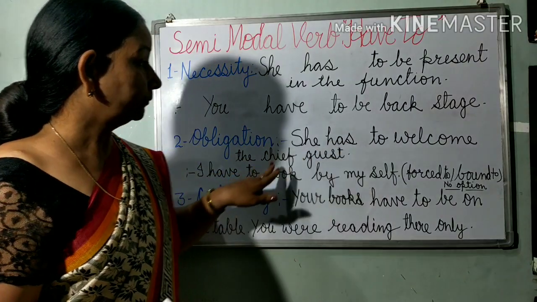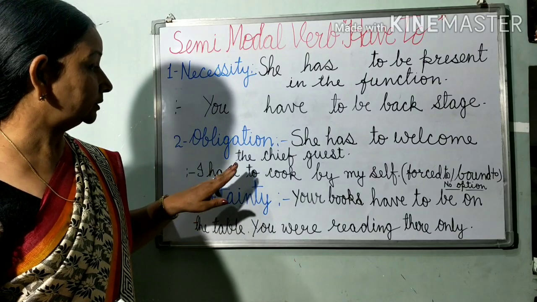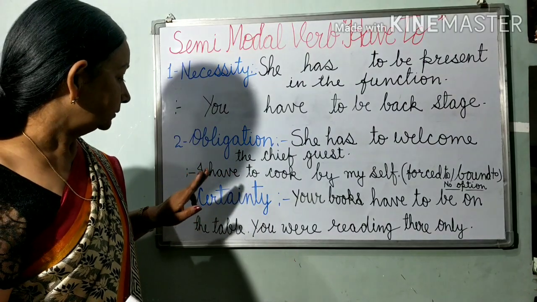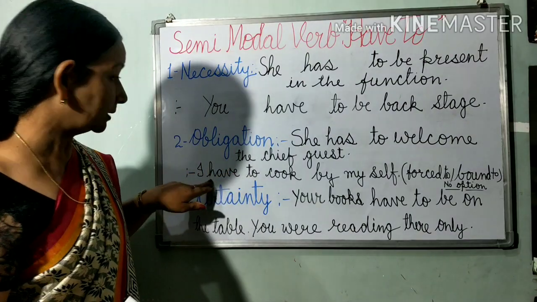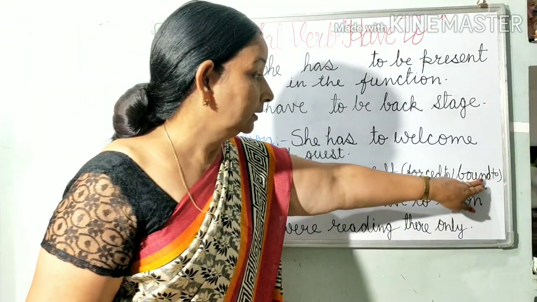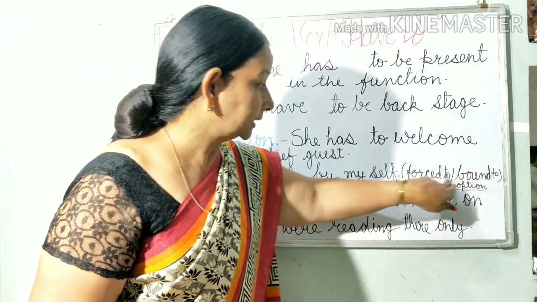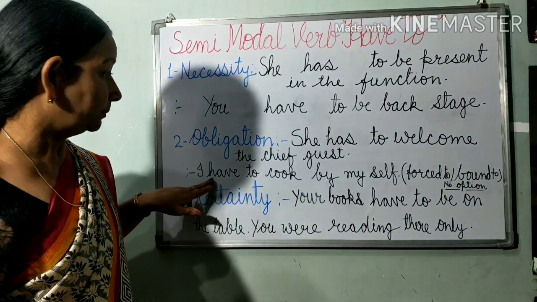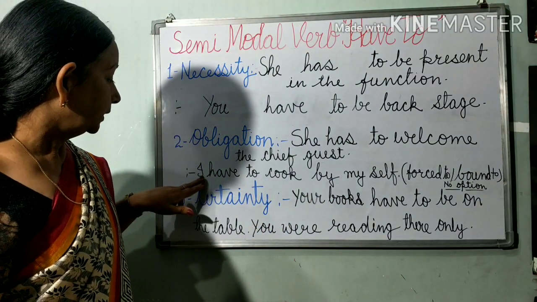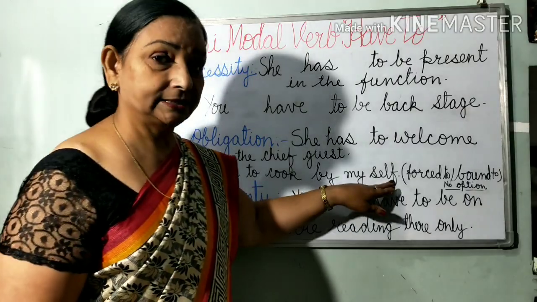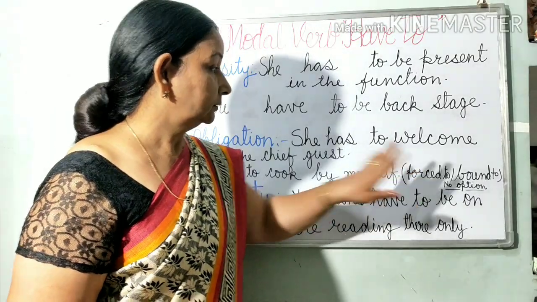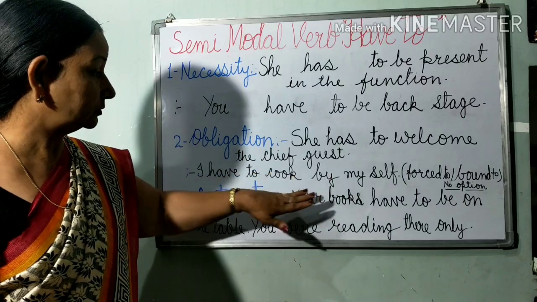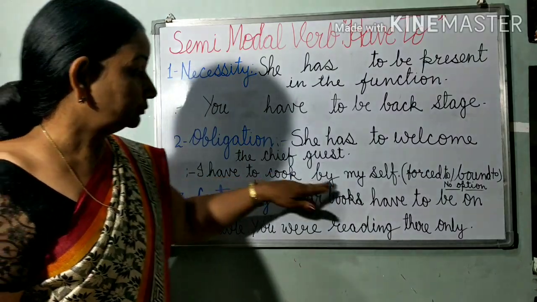"She has to welcome the chief guest." And for compulsion or force, that करना पड़ता है, like it's compulsory: I'm not getting any help, I'm helpless to do this, so "I have to cook by myself." This is force on me, so I have to cook by myself.